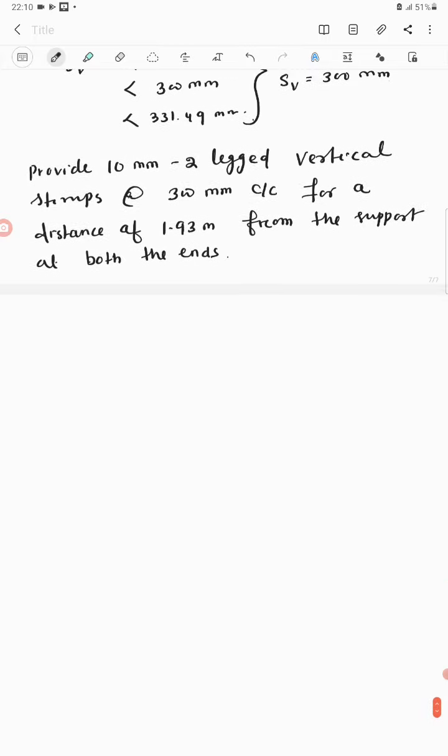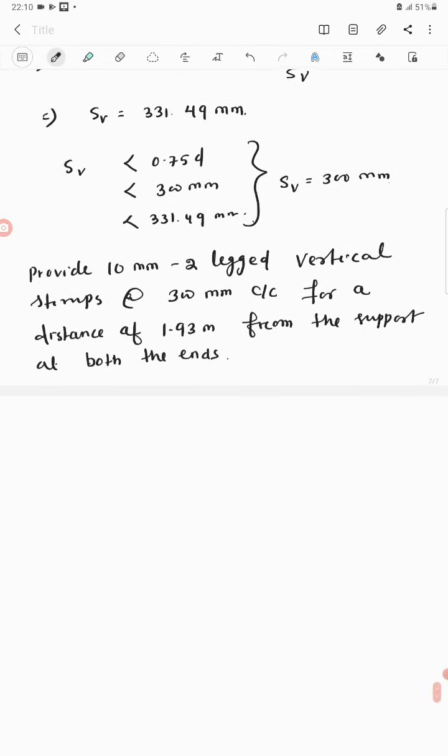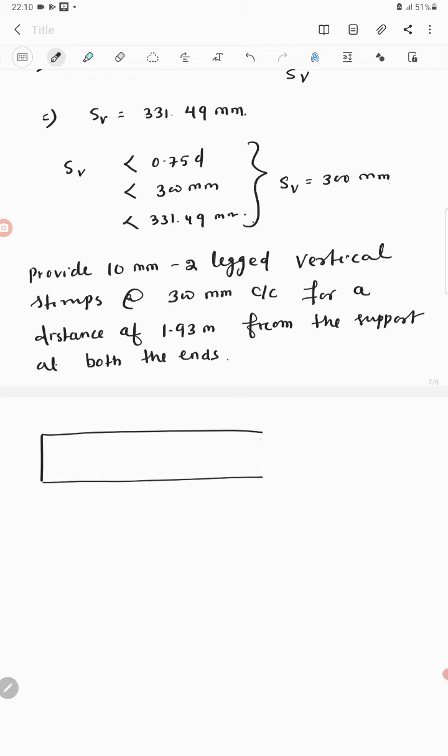Okay, so finally we have to draw the figure. You have to show all the detailing. So let's say this is the support. There will be longitudinal reinforcement, 5 numbers.